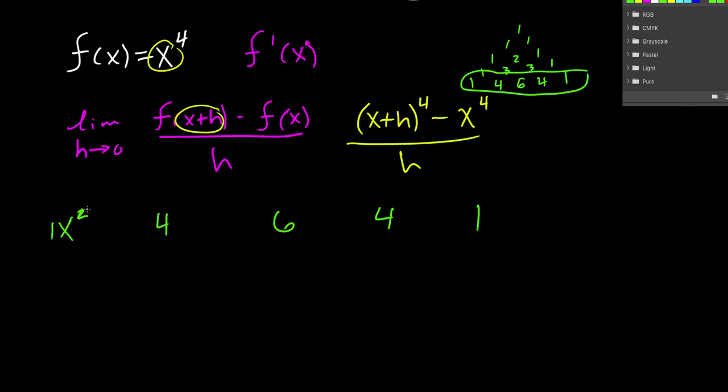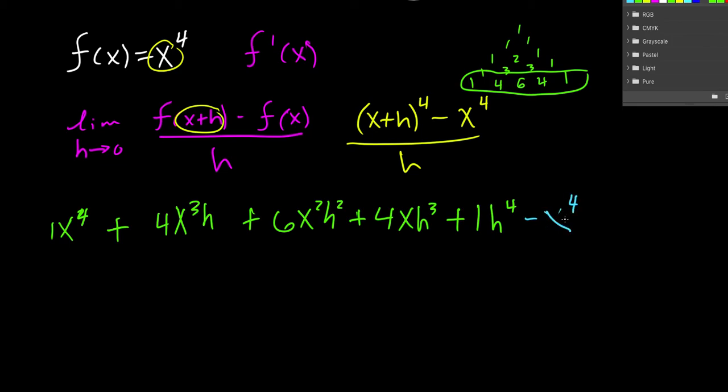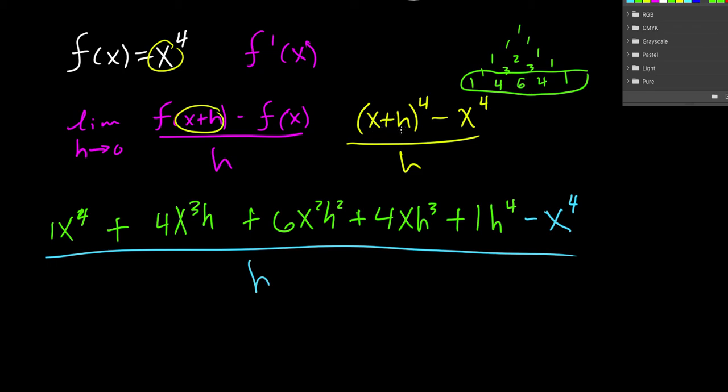We get x to the 4th, x cubed, x squared, x, no x, and then I get h to the 4th, h cubed, h squared, h, no h. Add those together. And then I'm going to bring down my negative x to the 4th. And then this is all over h. So what I did is I just took x plus h, multiplied it by itself 4 times, but there's a technique using Pascal's triangle to find that, so I used that.